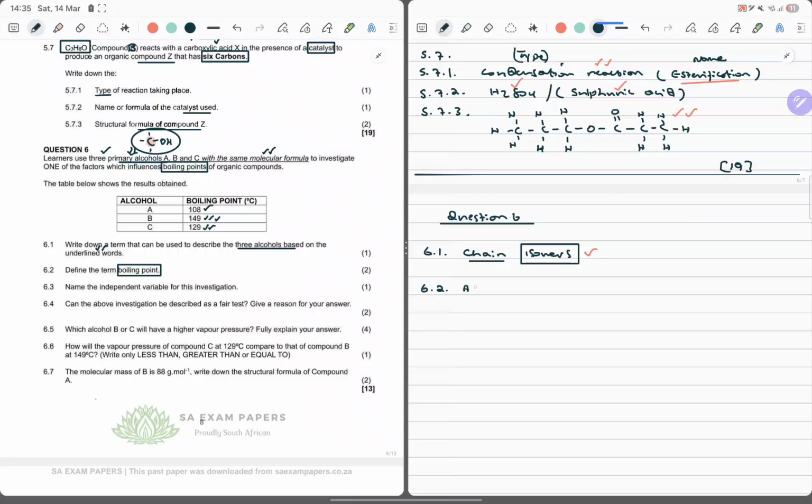Okay, it is a temperature at which the vapor pressure of a substance is equal to the atmospheric pressure. Right. So that's the boiling point.